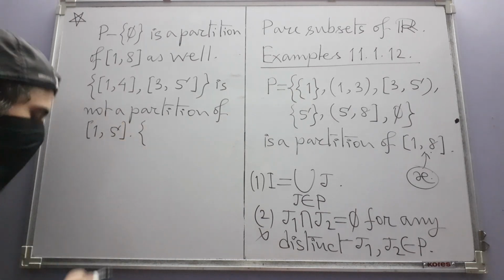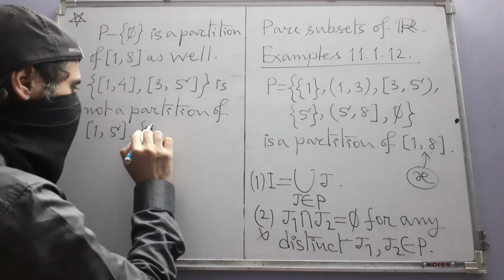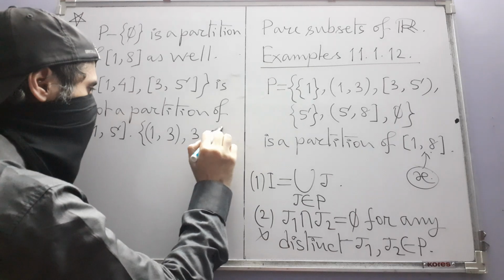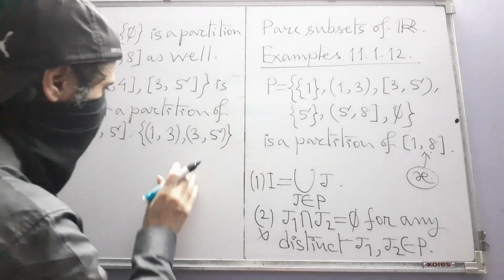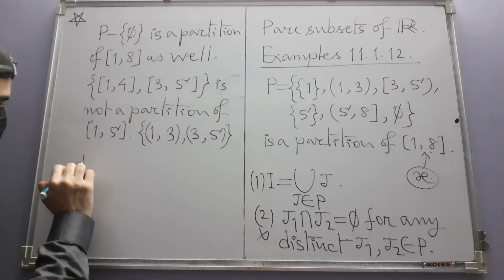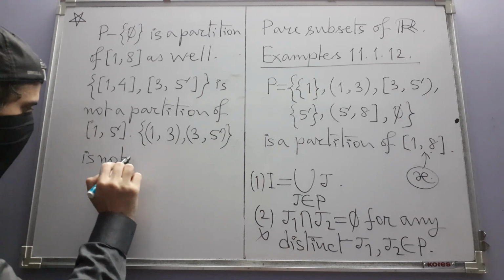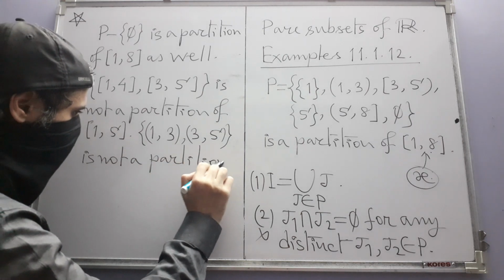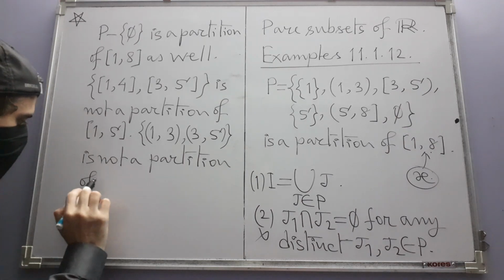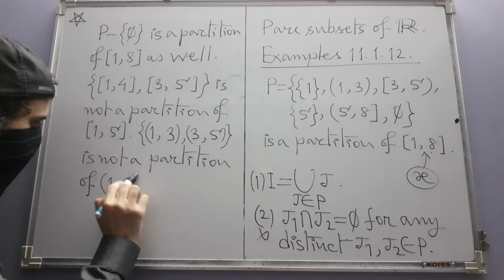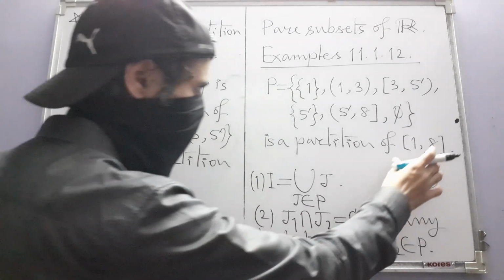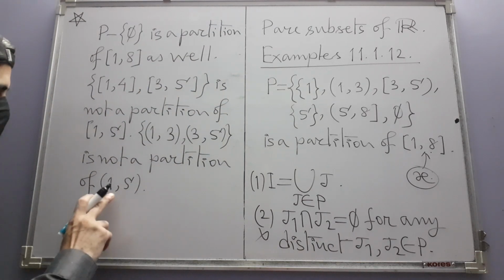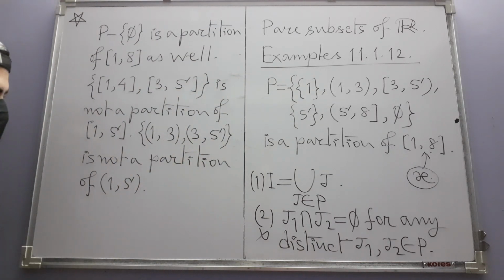Another one, the collection of these two open intervals is not a partition of the open interval 1, 5. Well, it's not necessary that you have to take only closed intervals. This is also a bounded interval, but this is not a partition of this.